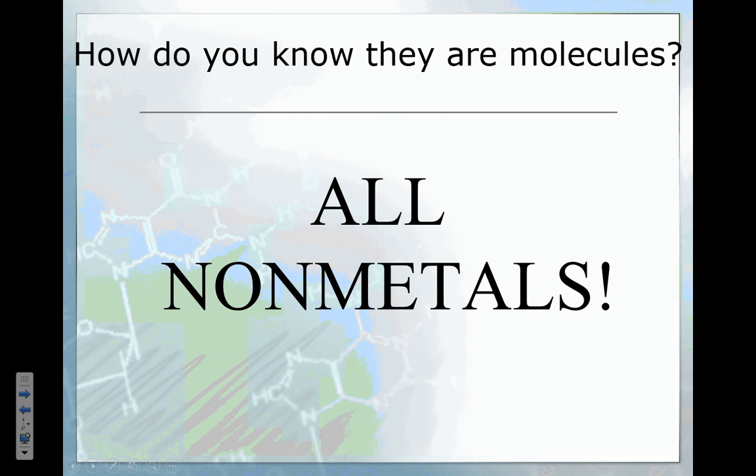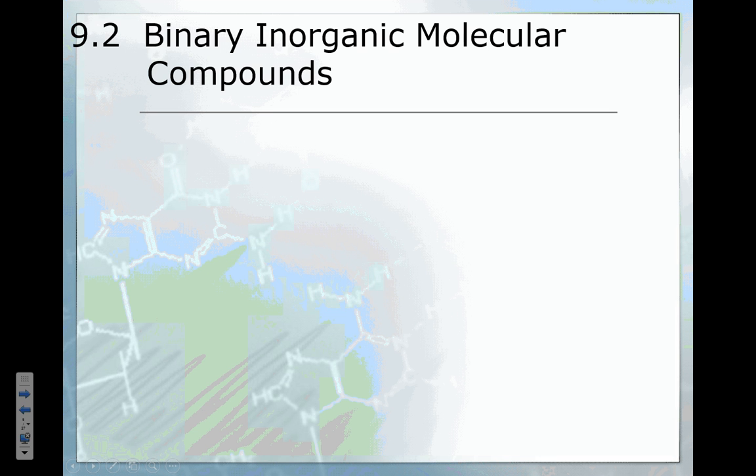The only exception to this is one nonmetal cation, ammonium. So I realize ammonium chloride is all nonmetals. We talked about this last chapter, but that's still an ionic compound, still a formula unit, because ammonium is a cation, chloride is an anion, this is an ionic compound. So that's the one exception. Other than that, if you see all nonmetals, you know it's going to be molecular.